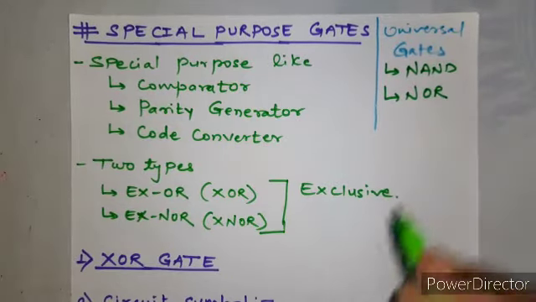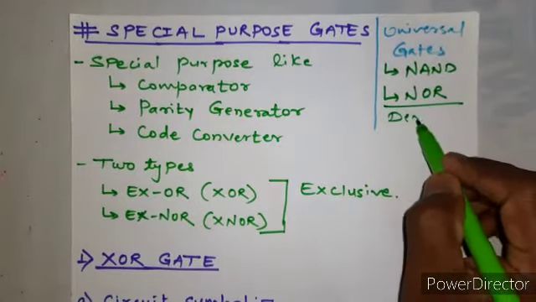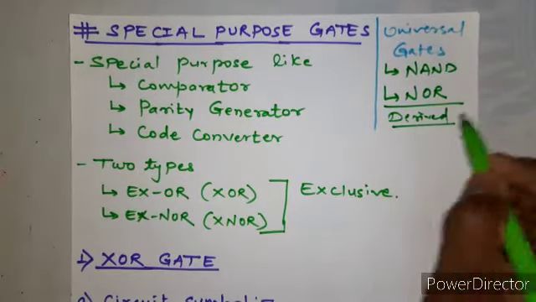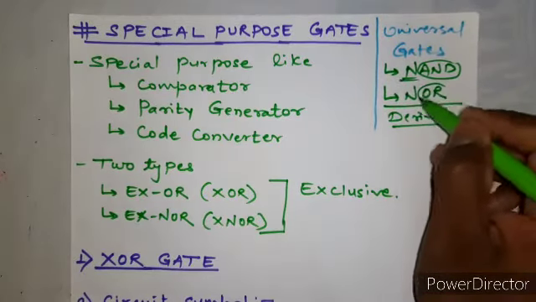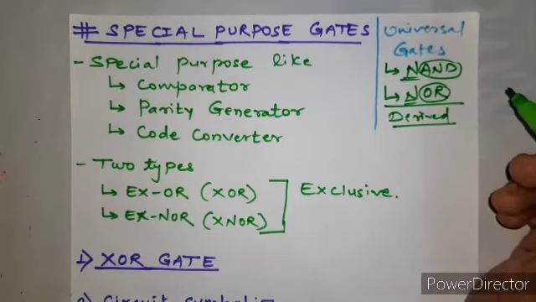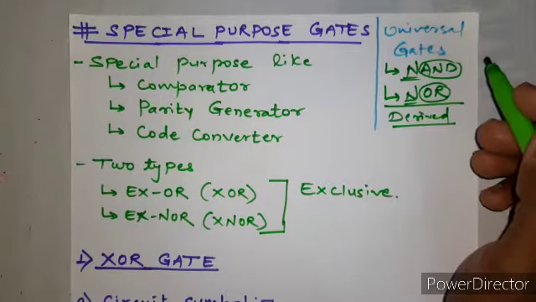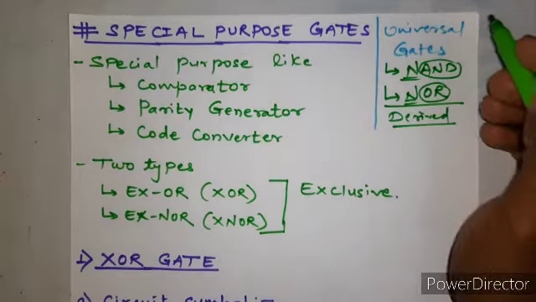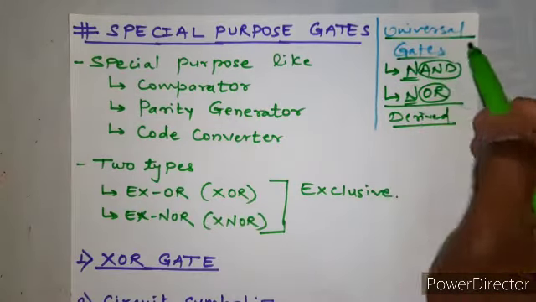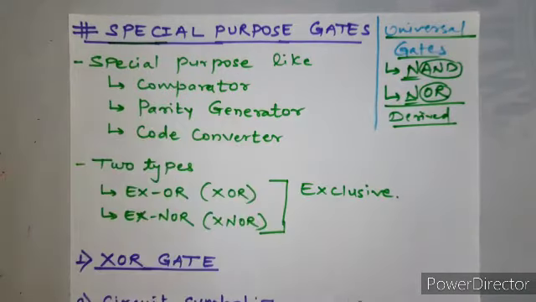We classified these as derived gates, because they are derived from the basic AND, OR, and NOT gates. The classification is basic gates and derived gates, and in the derived gates we have the universal gates, and then the special purpose gates.